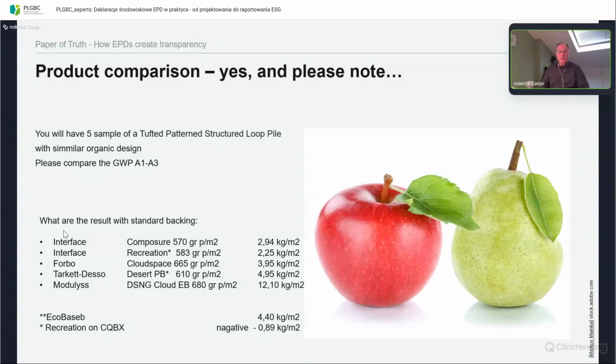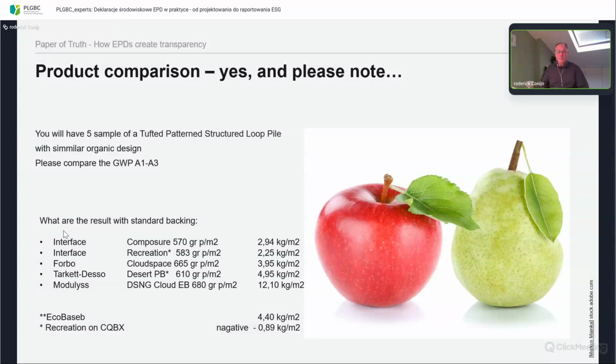For accuracy, I've also put in the number of the Taquet Desso with their new eco-based bio backing. As you can see, that has a lower footprint than the bitumen backing. And the Recreation can be fitted with a Sequence Bio X product, and then it's even possible to make this product carbon negative.